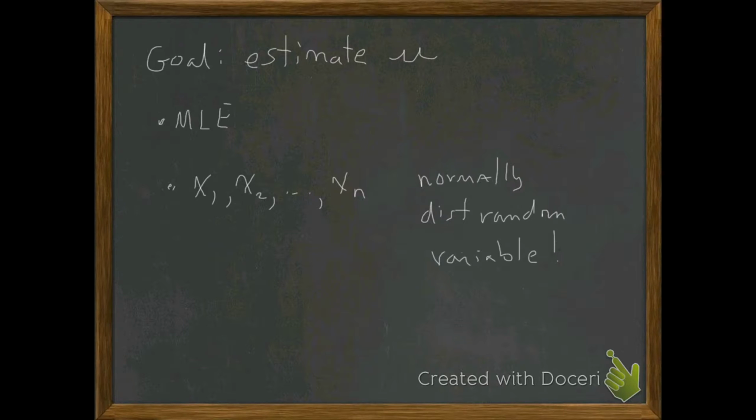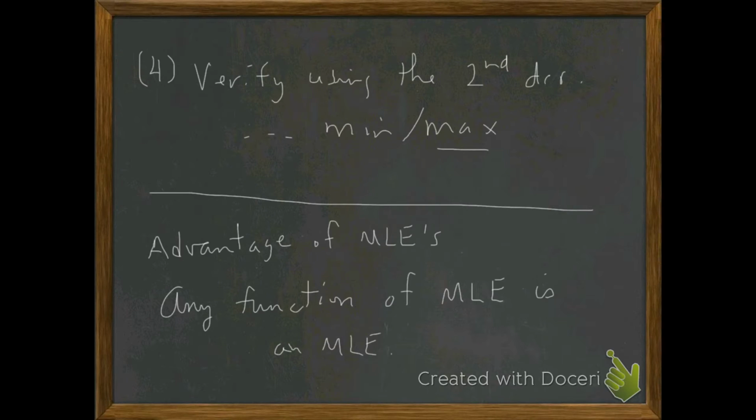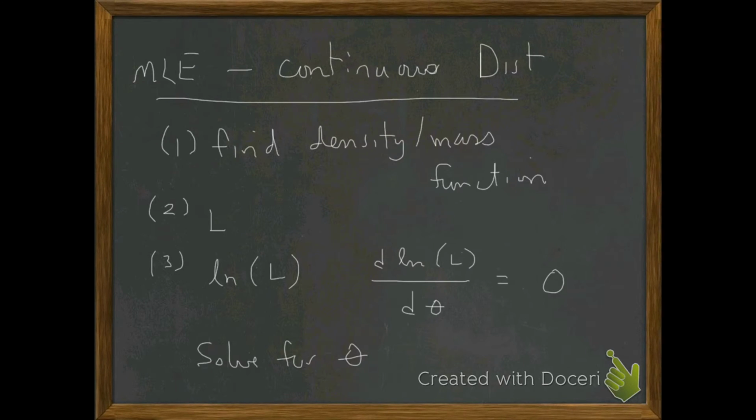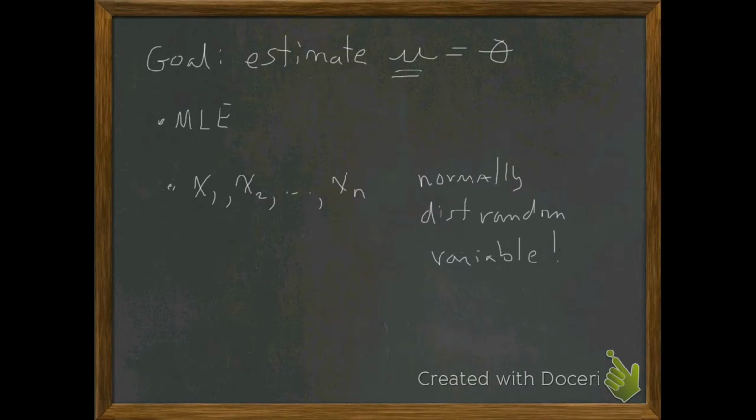All right, so again, we want to estimate the parameter, which in this case, if using notation from previously, would be mu. So now, as we talked about earlier, the very first step is we've got to find our density or mass function. In this case, it's our density function because we have a continuous distribution.